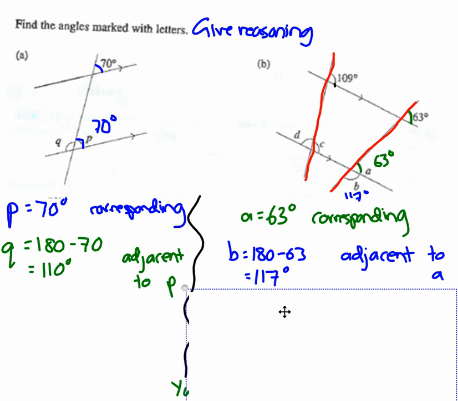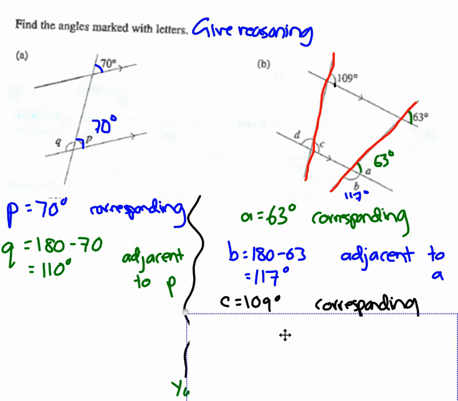So C is corresponding to 109 degrees because they're both on the same side of the red transversal, and they're both in the same position relative to the parallel lines, they're both above. So C equals 109 degrees because it's corresponding.